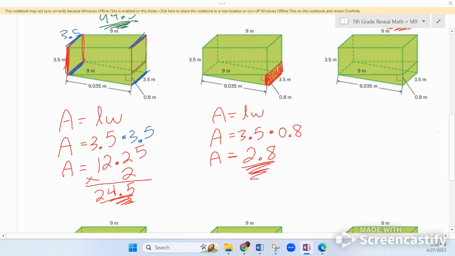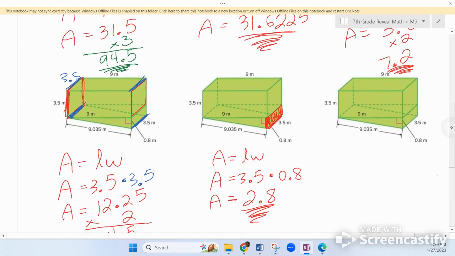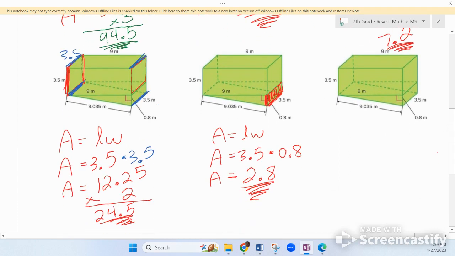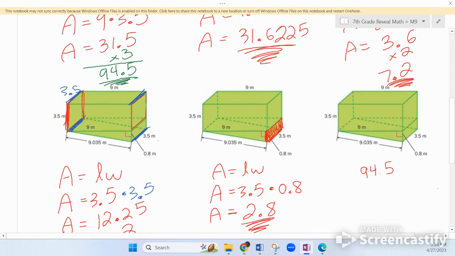And now I have to look at all my results and what operation am I going to do with all of those results? Addition. Add them all up. So we got 94.5. And we got, whoa, what is that? 31, this is a weird one. 31.6225.